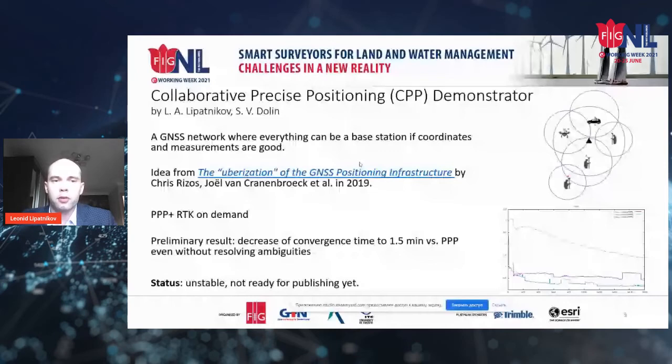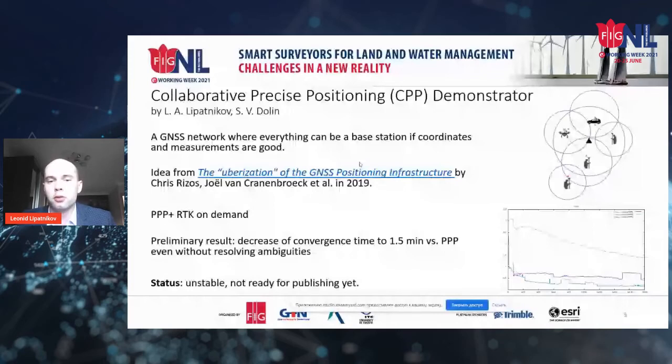The paper was called "The Uberization of the GNSS Positioning Infrastructure." So what we try to do is basically to organize a collaborative network in which every participant can play a role of a base station if its coordinates are well defined.